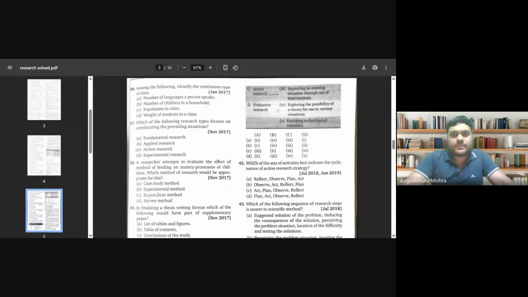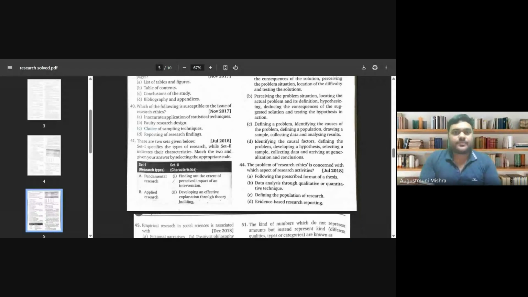Which of the following research types focuses on ameliorating and creating situations? Actually, this is also a new word for me, so I will go through that.